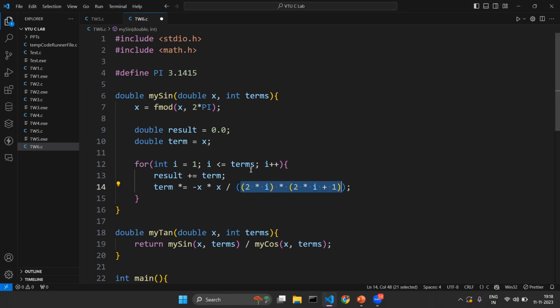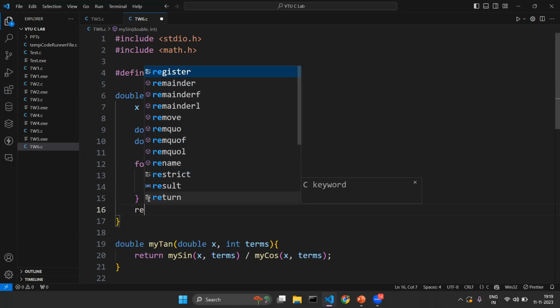So these are some short mathematical tricks to find the factorial of consecutive odd numbers in an increasing way. That's what we did for finding the term. Once we do this, the result will be stored in the result variable.